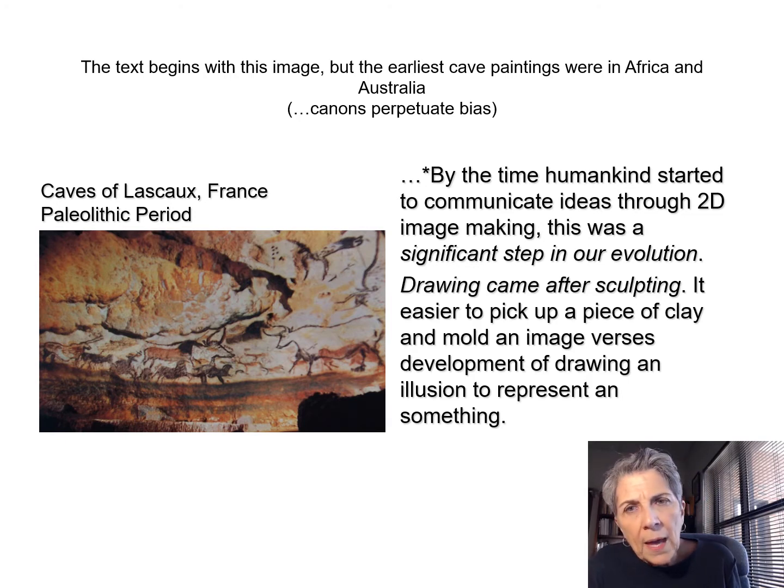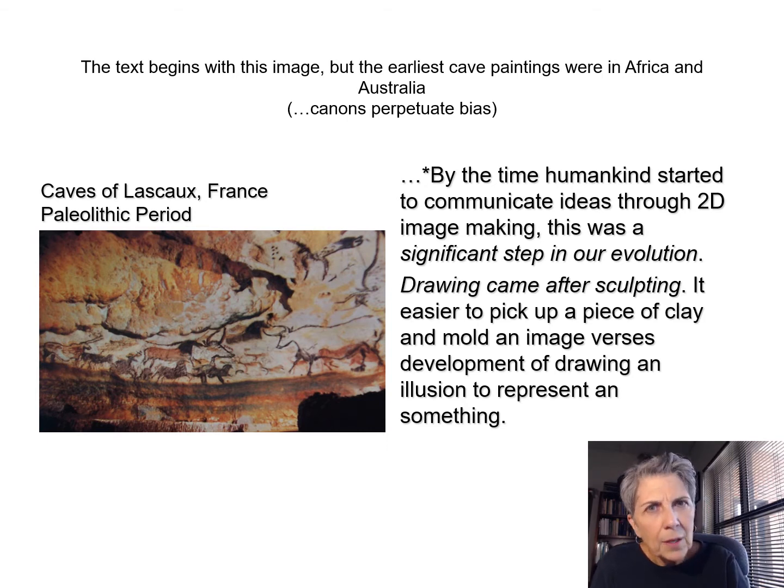Well, the problem with that is that, as this is an example, when we start with our text, and there's all this talk about France and Europe, and beginning with these early cave paintings, well, actually, that can build bias, because the earliest cave paintings were not in Europe.